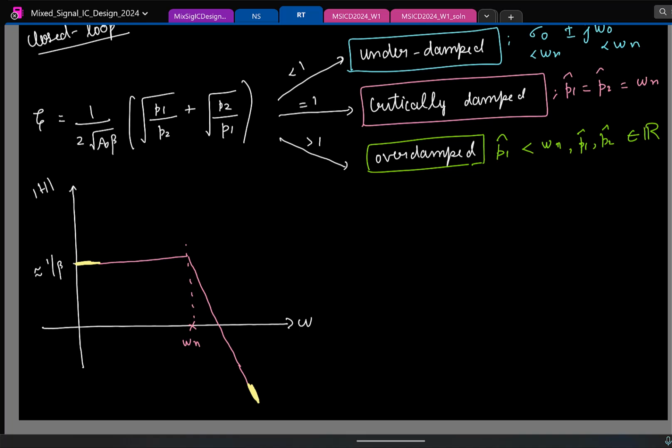Okay, next let's look at the overdamped case. So if the closed loop system was overdamped, how will the closed loop magnitude plot look like? It's going to start here. I have 2 poles, right?